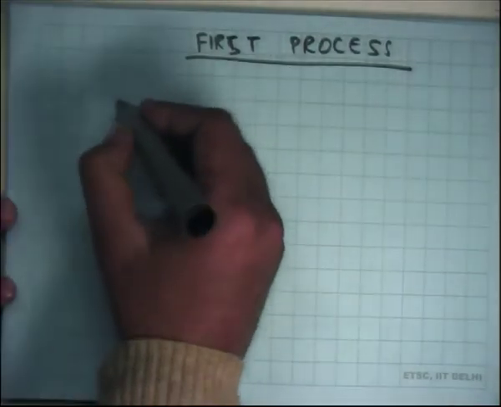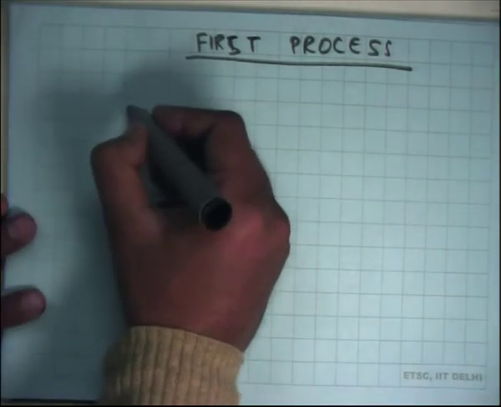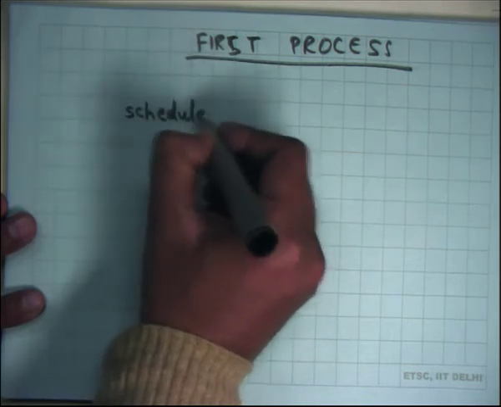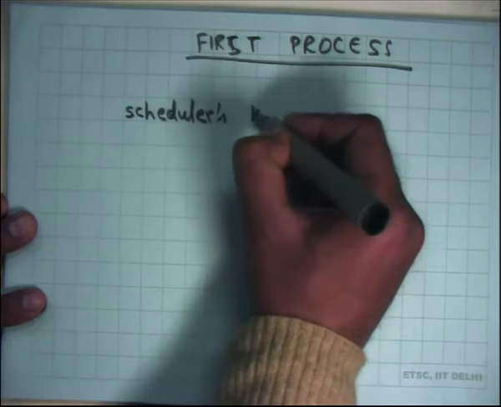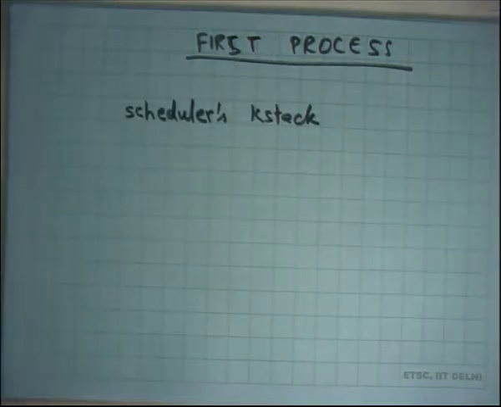So let's call it the scheduler's K-stack, right? So the kernel, when it initialized itself, it just initialized its K-stack, and once again the K-stack was allocated off the heap, and that particular K-stack does not belong to any process, and let's just call it the scheduler's K-stack, right?